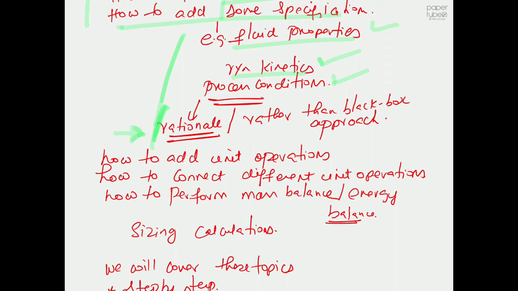And then obviously you're going to learn how to add unit operations. If you want to manufacture your product, you cannot do everything in one unit operation like a CSTR. You do the reaction, and then you need to purify it. You may need to go for a distillation, you may need to go for absorption, you may need to go for extraction.